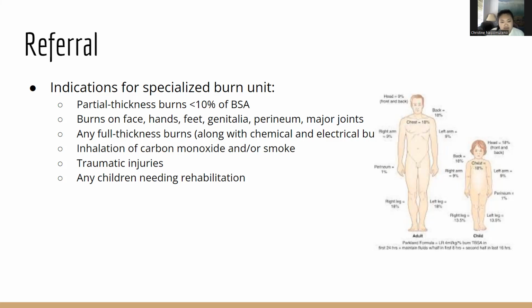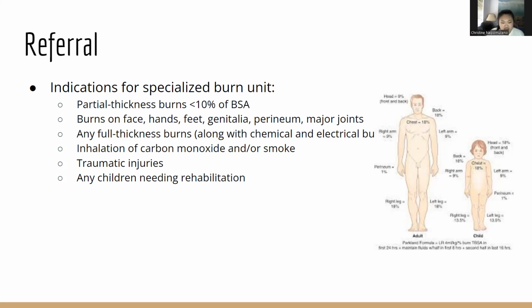Any full thickness burns alongside the chemical and electrical burns, inhalation of carbon monoxide and or smoke, traumatic injuries, and any other children needing rehabilitation after a burn trauma or injury has occurred.